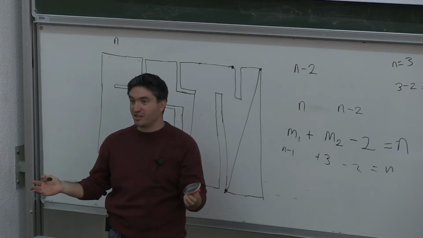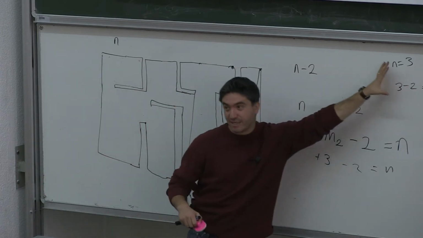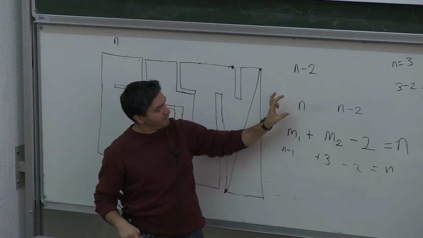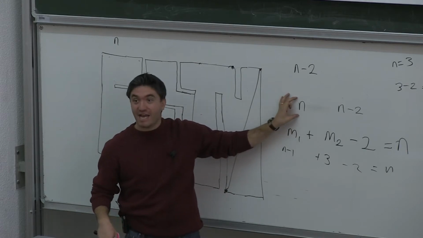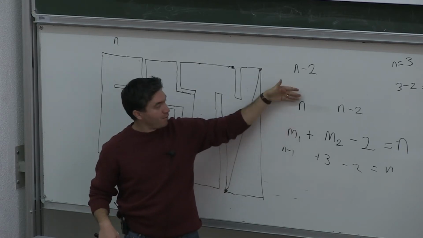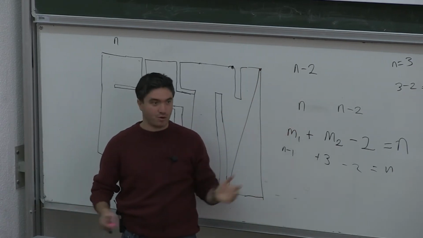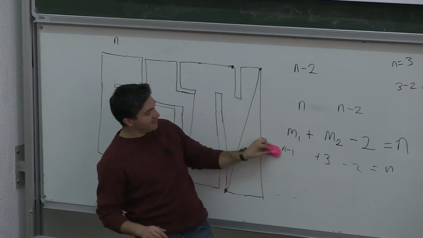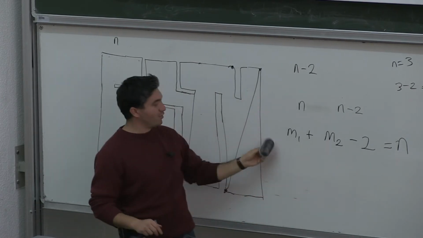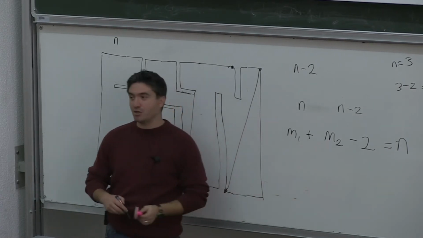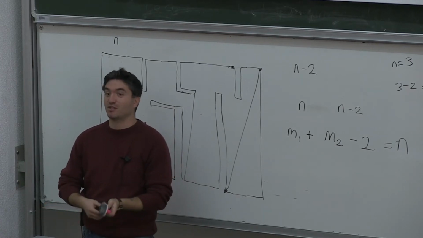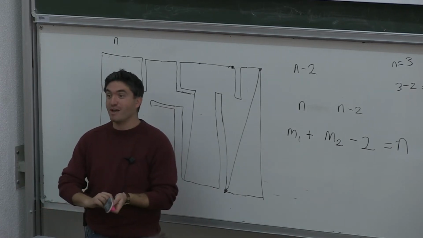This is what the induction says. Prove it for the base case, and for a polygon with n vertices, assume that for polygons with fewer than n vertices, this theorem holds true. So if we can divide the polygon into two pieces with m1 and m2, we assume that this is true for m1 and m2.